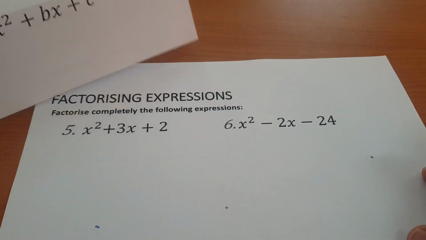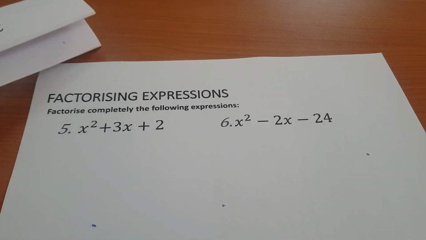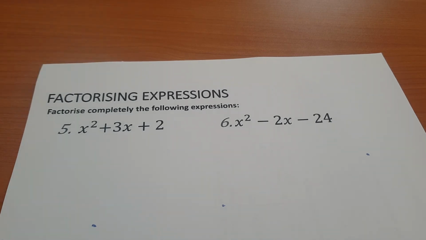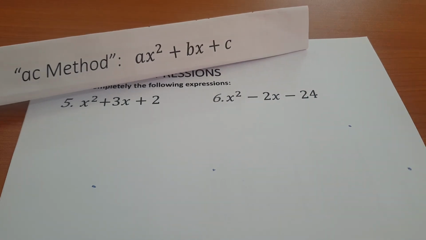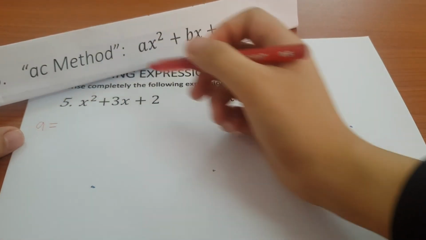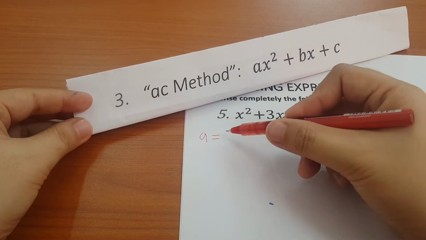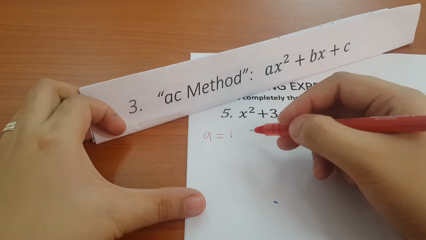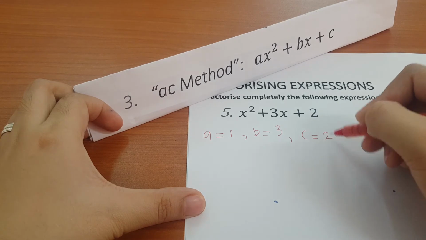First, we have to identify A, B, and C. So what is A? A is 1. B is 3. C is 2.